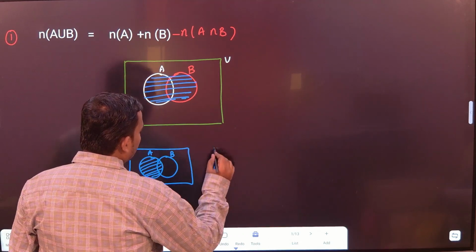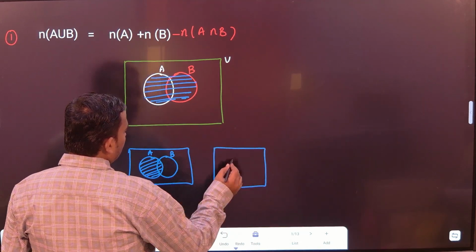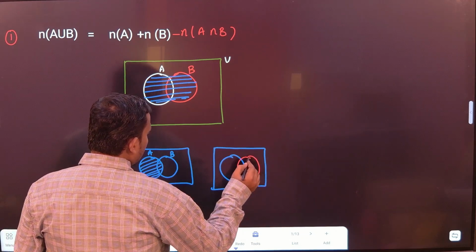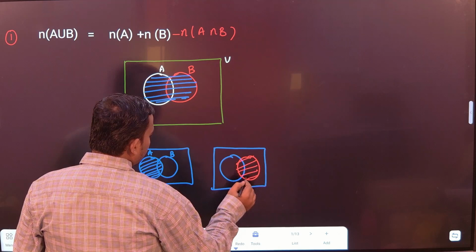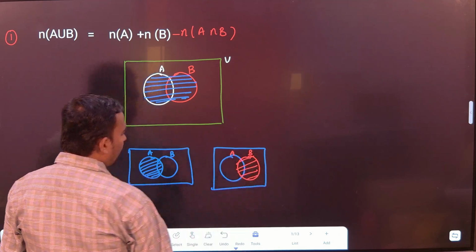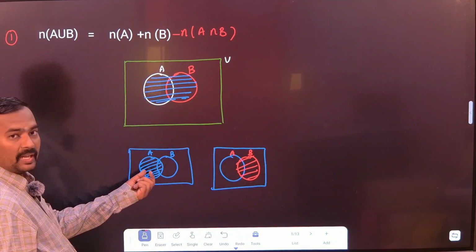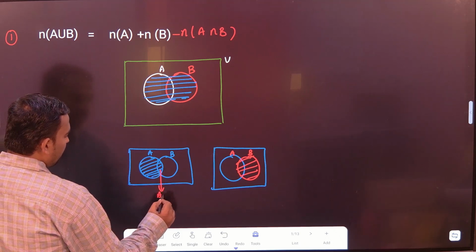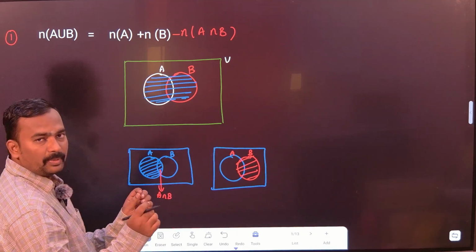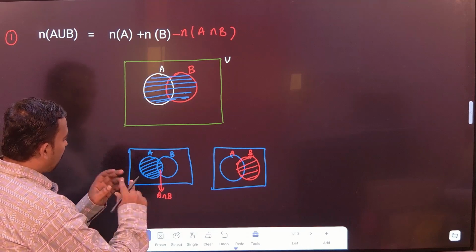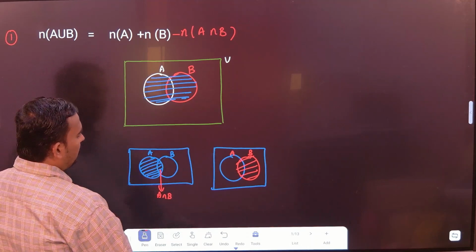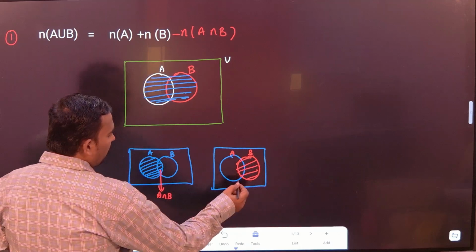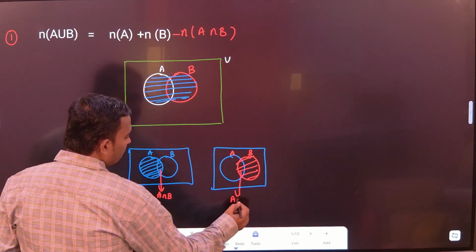Next, you can see this is your B, complete B. This is A, this is B. When you take A, you're including A intersection B here. This is A intersection B, the common of these two sets. When you take the B part, again you are including A intersection B, right?